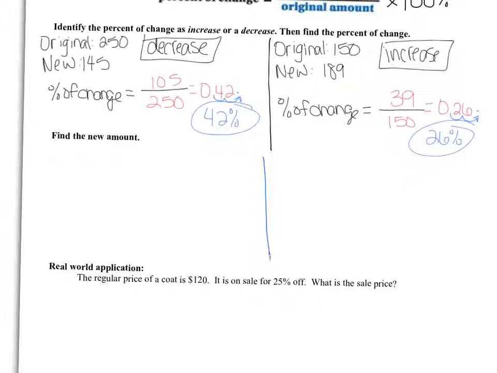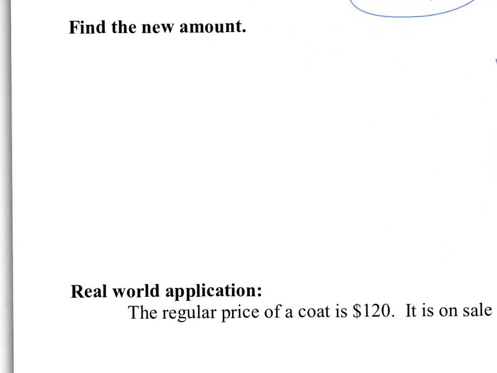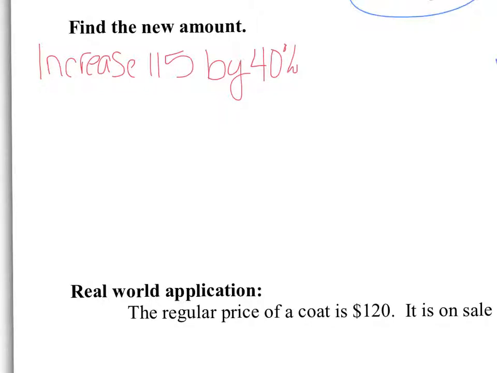We can also find a new amount, which is probably the more applicable part of this section. So if I want to increase 115 by 40%, I'm going to have to take 115 and increase it by 40%.